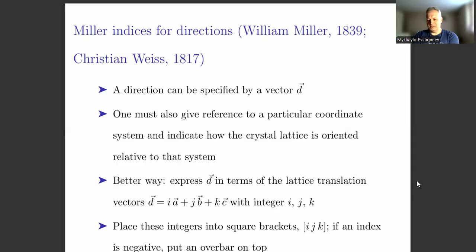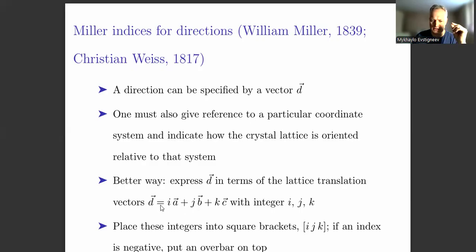So instead of using an arbitrary coordinate system, we express this direction vector in terms of the translation vectors. So the direction vector is a linear combination of the translation vectors A, B, and C with integer coefficients I, J, and K, like here.